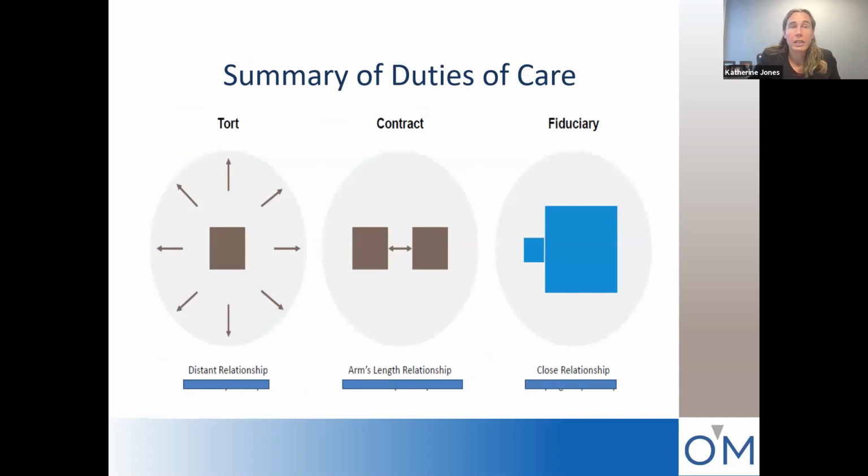This last slide is a summary of what those duties are and how they all play out. And so if we start in the middle, we have the contract duty, which is, again, your arm's length relationship. You have two equal parties that are contracting to generally build a building or build a highway or do something. And they can each agree to the terms and conditions.